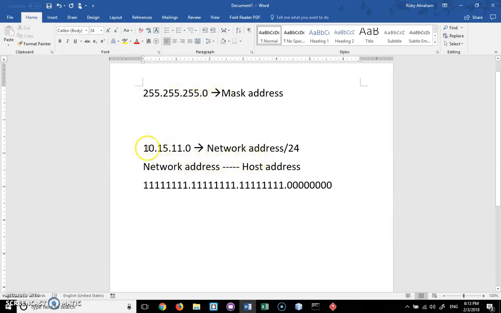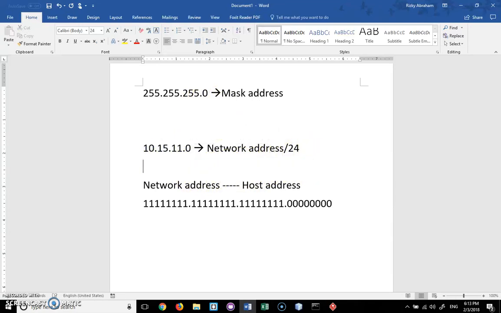So that means this address would be the network address, and the first IP address, the first host address, would be 10, 15, 11, and then 1.